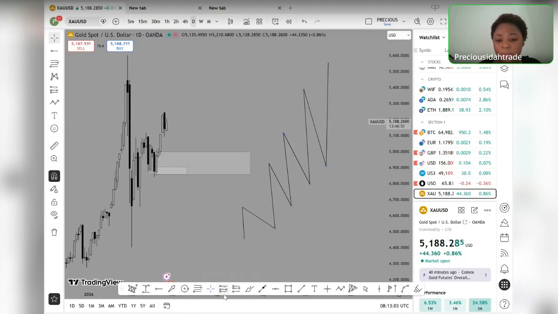So when market gets to this high, you don't want to be buying from here. You want to follow price down so you can sell from here. You can sell to this place and then you buy from here.